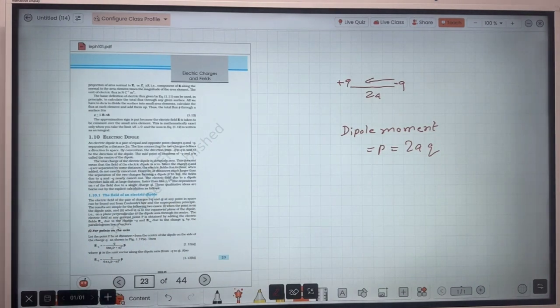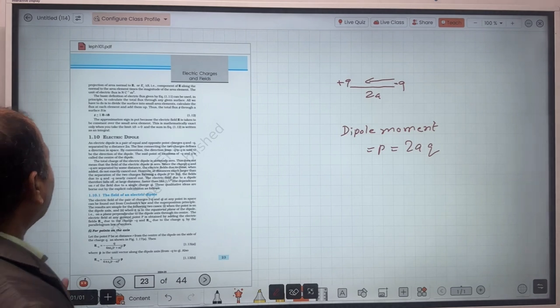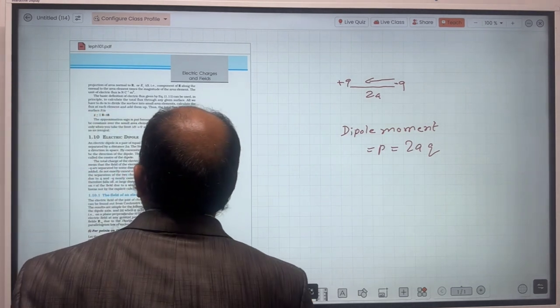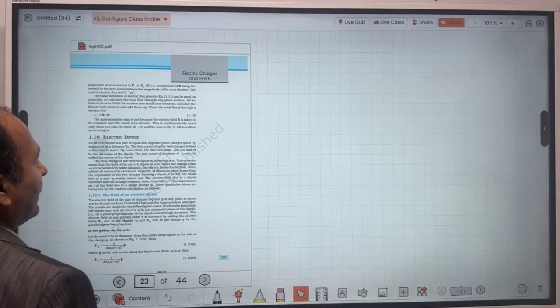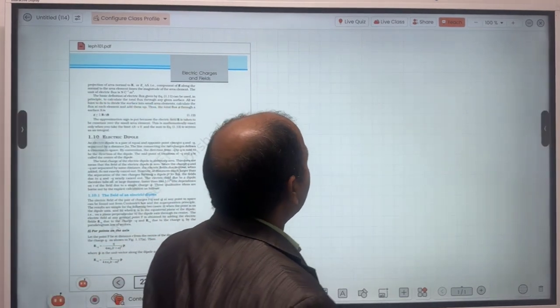Here we are going to find the field of an electric dipole at an axial point and equatorial point.